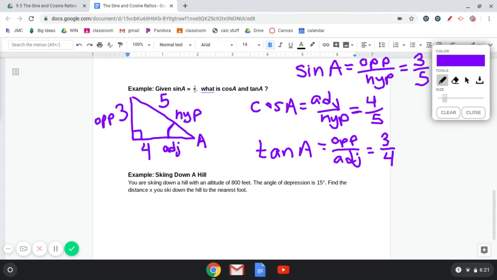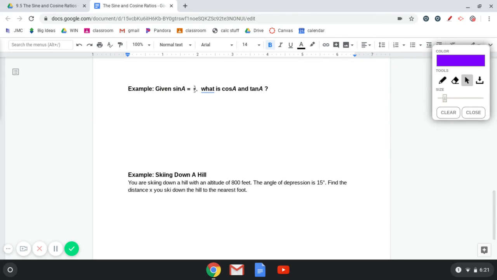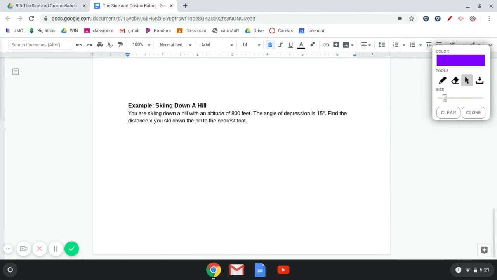Lastly, we're going to deal with an angle of depression example with a person skiing down a hill. So, we've dealt with angle of elevation, but not angle of depression, which is why I threw one of these into the notes. So, okay, we're skiing downhill. At an altitude of 800 feet, that means it's 800 feet from sea level, so straight up.